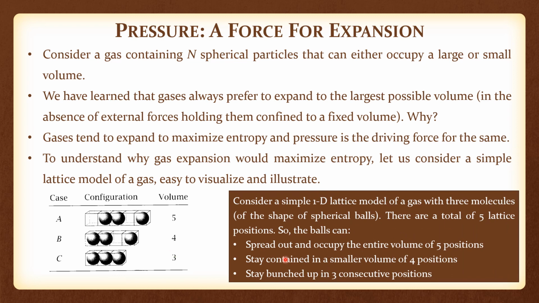So there are three possible cases, right? So the three balls are therefore the three molecules, spread out and occupy the entire volume of 5 positions, which is this preferred to expand to the largest possible volume case, or stay contained in a smaller volume of 4 positions, the last one not even being available, or stay bunched up in 3 consecutive positions, the last two not even being available.